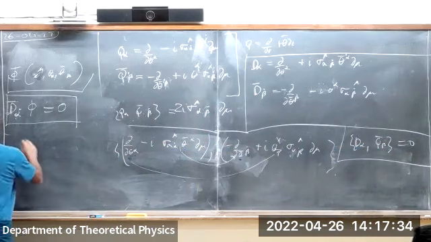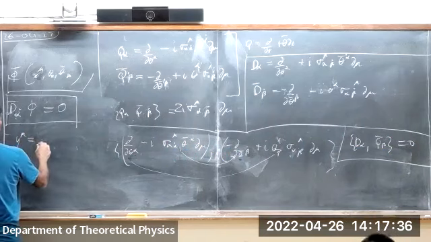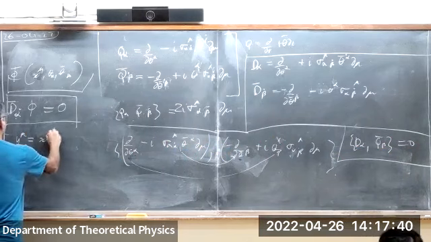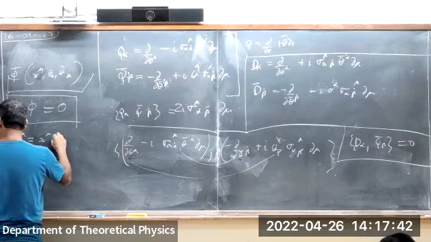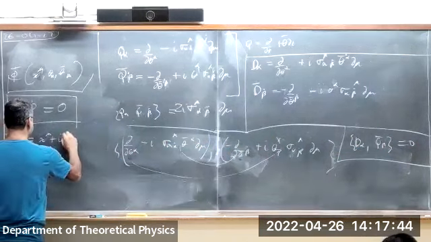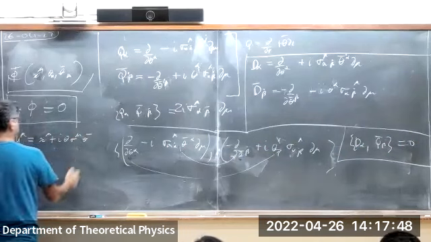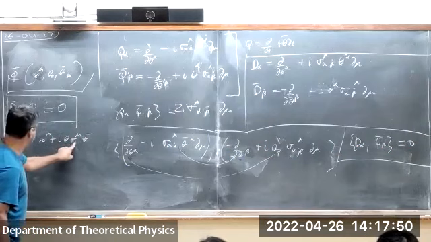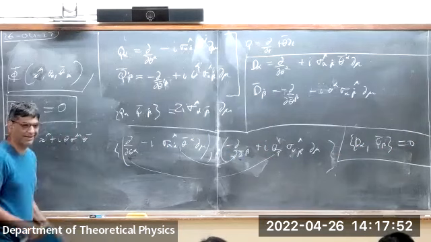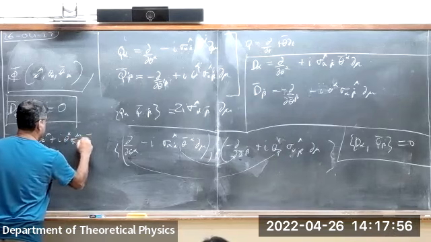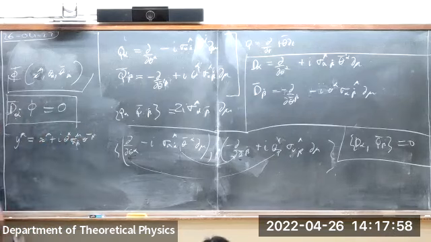y mu is equal to x mu plus i theta sigma mu theta bar. When I write theta sigma mu theta bar, the indices are contracted, so this means theta alpha sigma mu alpha alpha dot theta bar alpha dot.